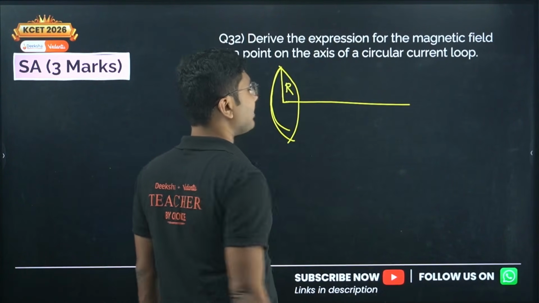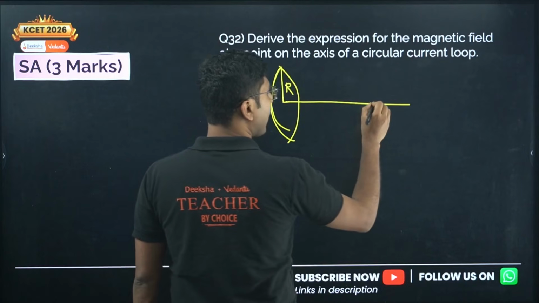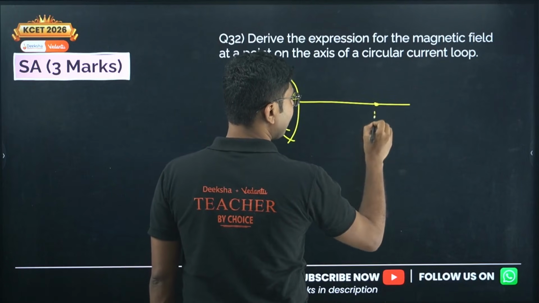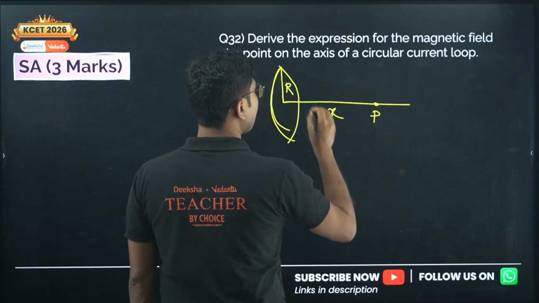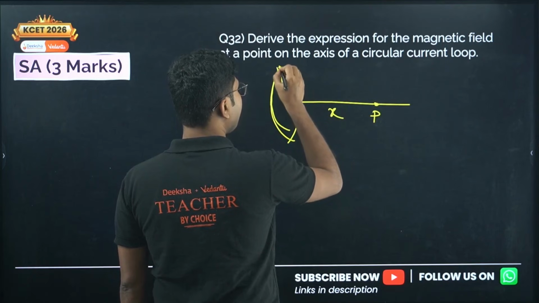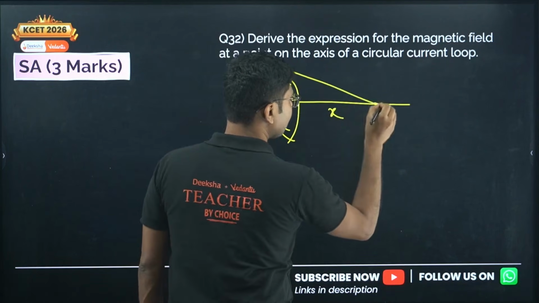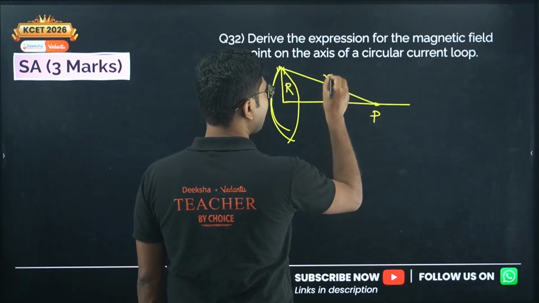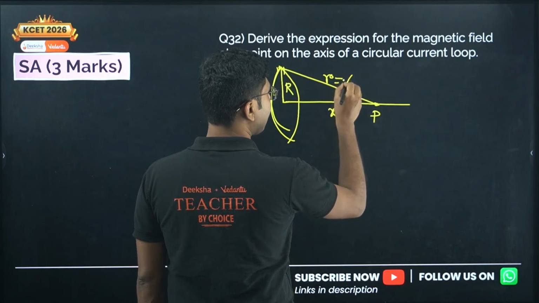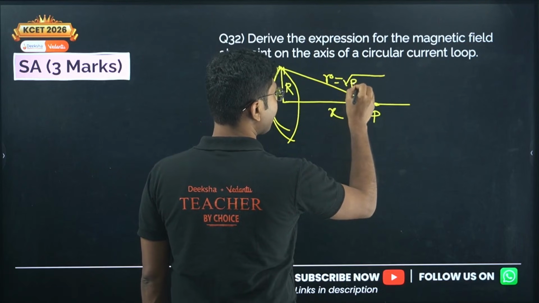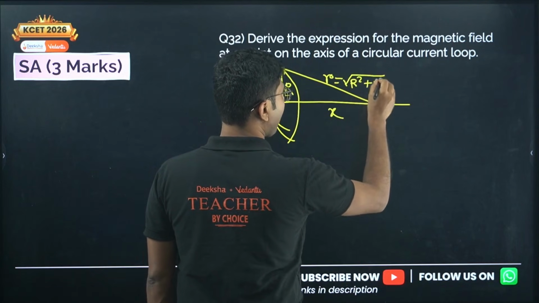So the radius is given by R, and we are trying to find the magnetic field at some point P at a distance x. We will consider a small element over here, and the distance of this element from the point, say small r, from Pythagoras theorem is the square root of capital R square plus x square.